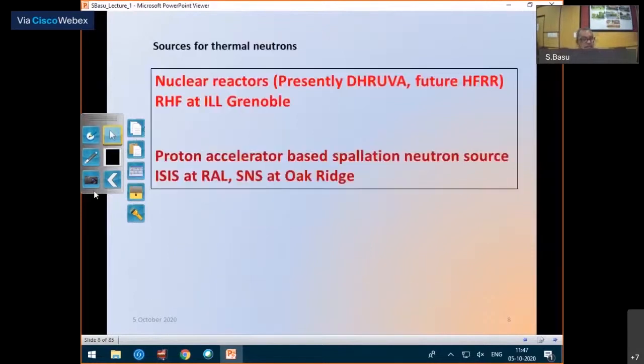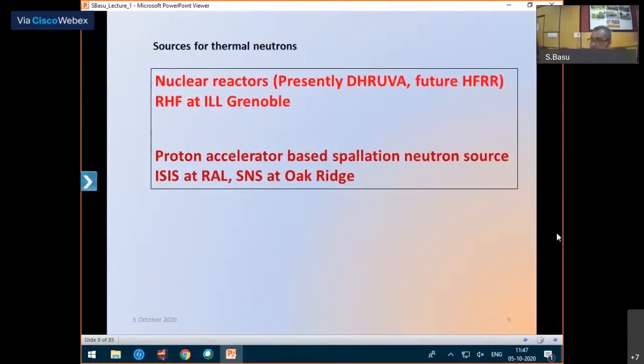The source of these neutrons predominantly is reactors. We have right now the research reactor Dhruva, which is located in Mumbai. The best research reactor is run by France, Germany, and Britain at ILL Grenoble.